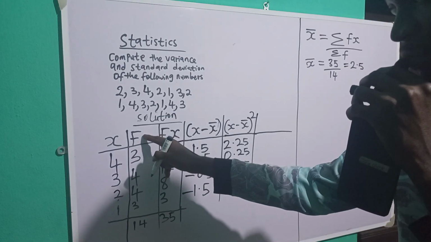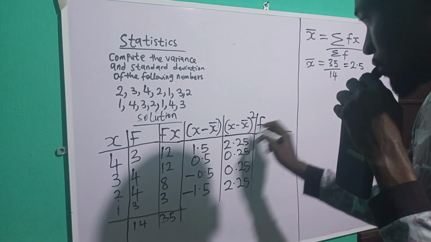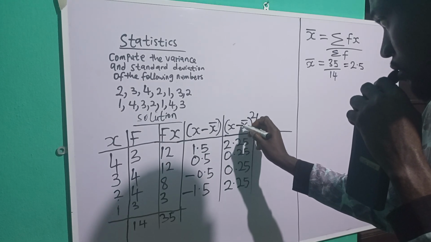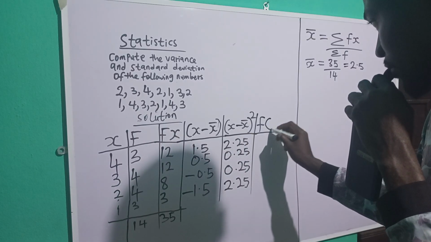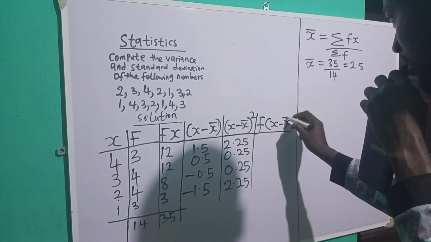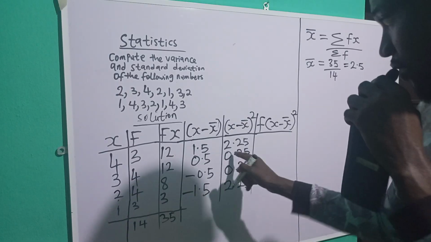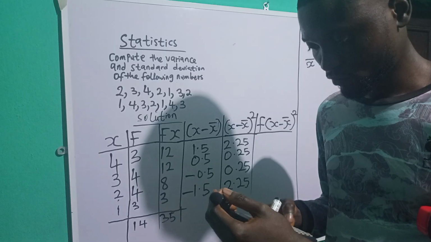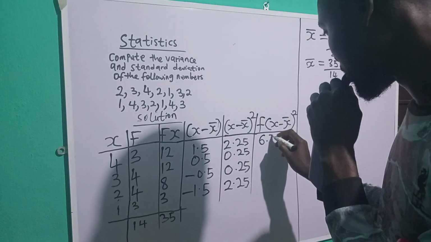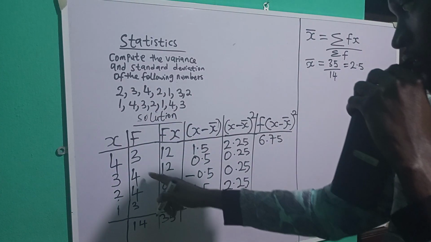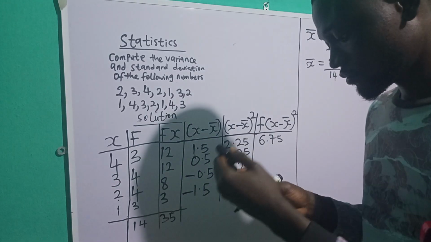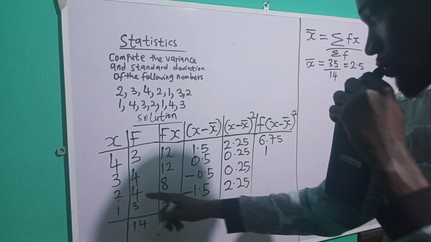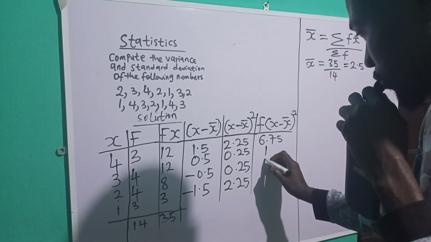So the next thing we're going to do is to multiply this frequency f by what we have here. So this multiplied by this: f times (x minus x bar) squared. So 3 times 2.25 is what? That will give me 6.75. So 4 times 0.25 will give me 1. 4 times 0.25 will still give me 1.